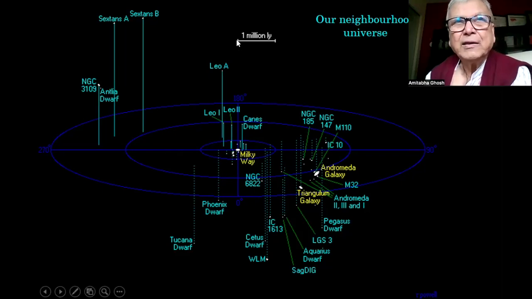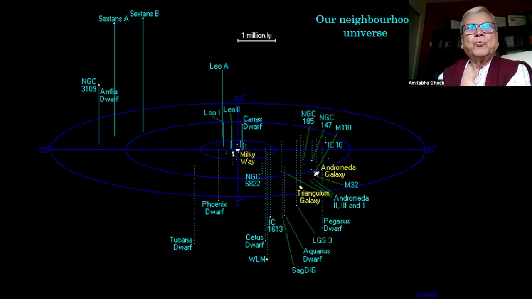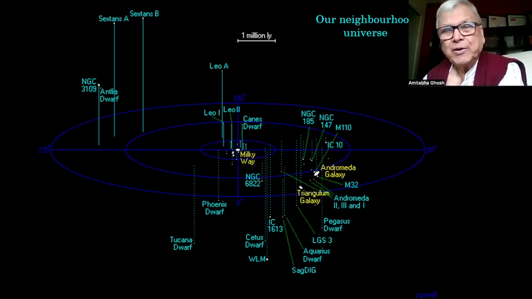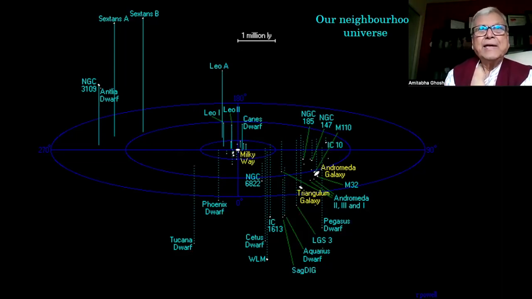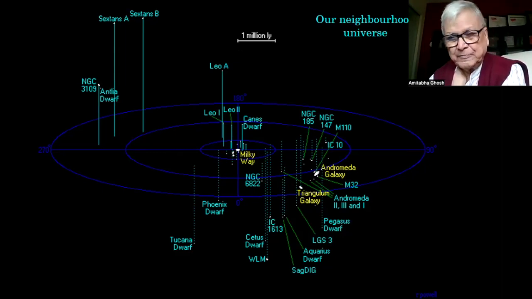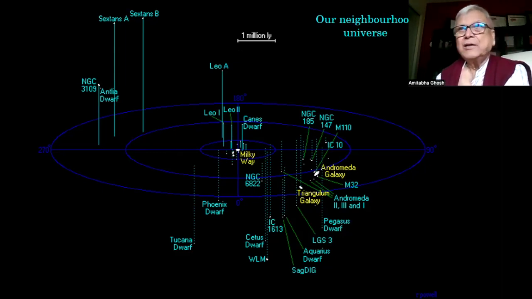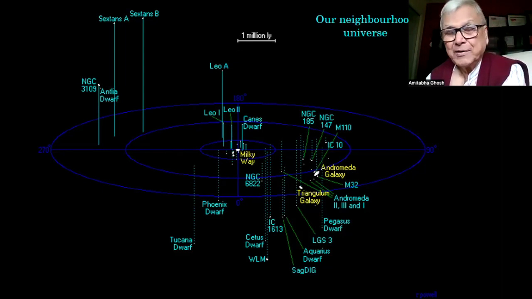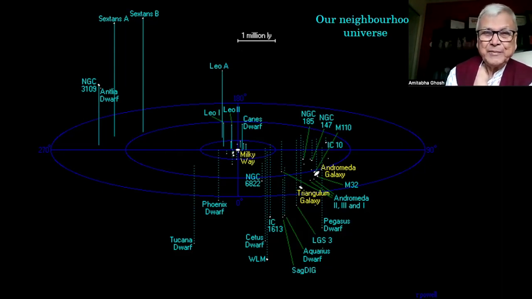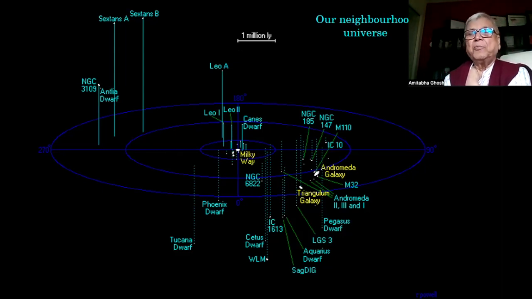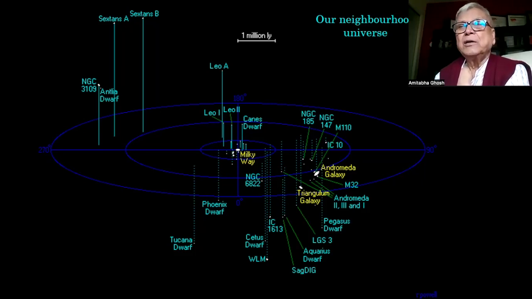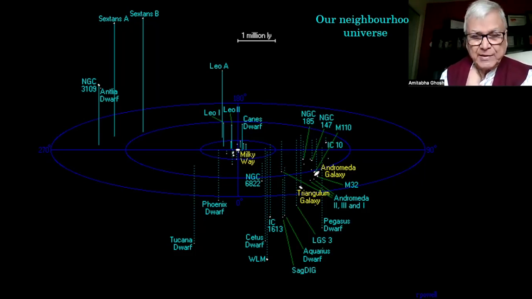Now, a light year is a distance which represents the distance traveled by light in 1 year. So for example, light takes 8 minutes to reach the sun. So the sun is 8 light minutes away. So how much will 1 light year be? Light travels at a speed of 300,000 kilometers per second.